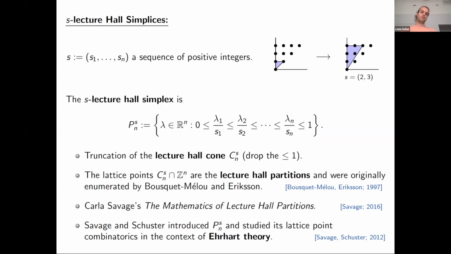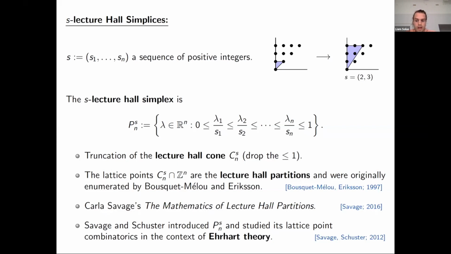The seminal paper on this topic considered the sequence 1, 2, 3 up through n, and the lattice points in that cone. These were enumerated by Bousquet-Mélou and Eriksson in their 1997 paper, where they got a very beautiful formula that mirrors that of some classic results of Euler.